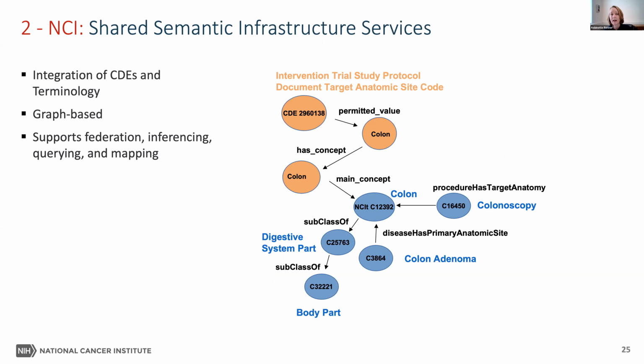So it will allow researchers to do things like, just knowing what a patient has been diagnosed with and procedures, they can ask questions like, find me all of the patients that have a disease that impacts the digestive system and had a procedure that was performed on their colon.